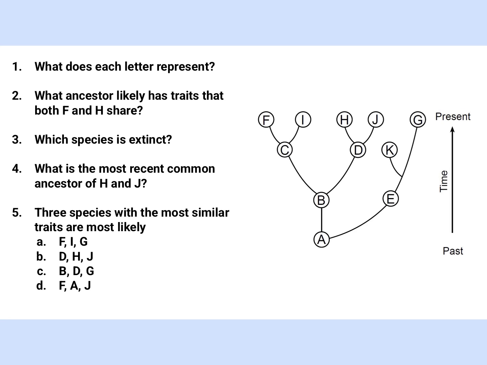Okay, so we're going to work one at a time here. You're going to answer it on the Edpuzzle, and then you're going to see whether you got it right or not. So, what does each letter represent? Each letter represents a species.